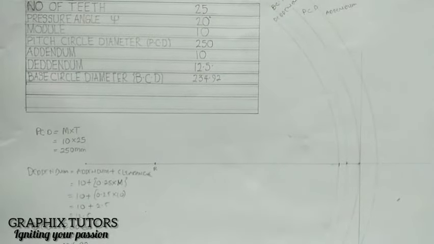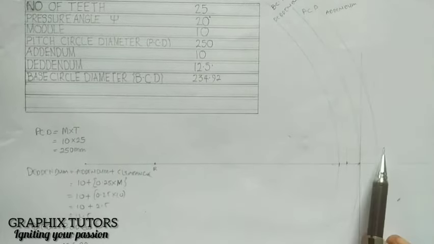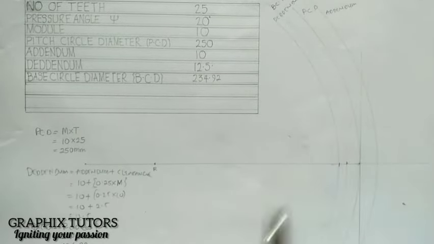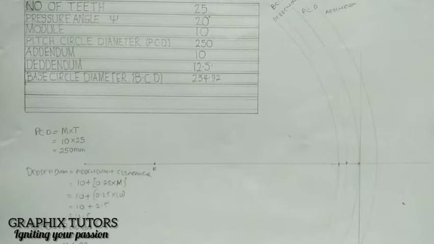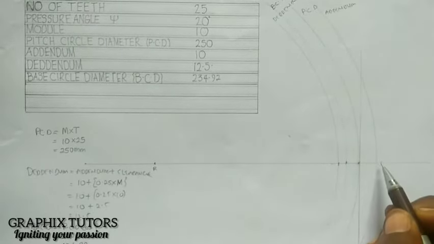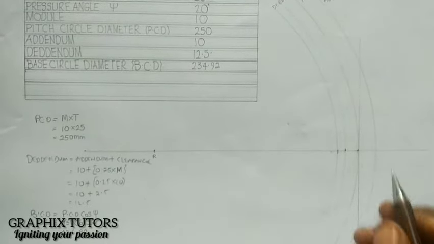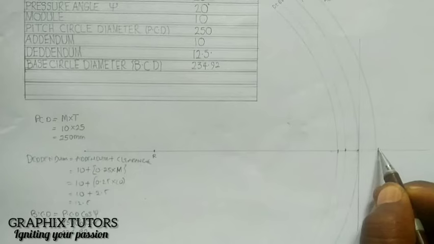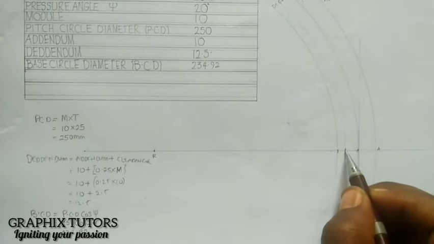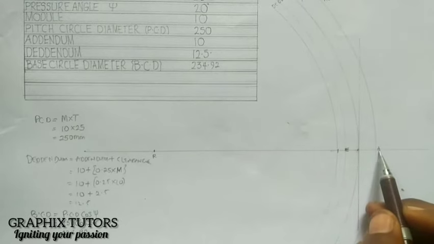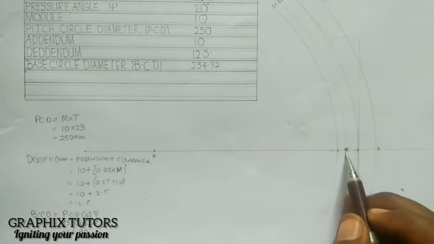So now, after getting all these points, the next thing I'm going to do is take the highest point of the tooth, which is the addendum, as point A, and the base point as point E, on the same line.